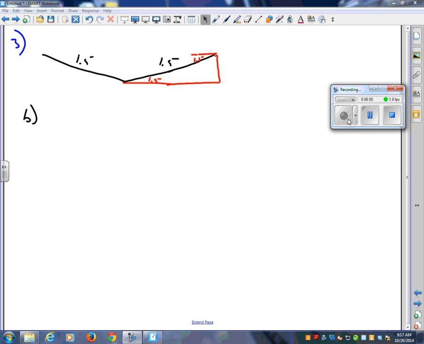Are you ready for B yet, or do you want to try? So part B, is it even asking for a force? What's it really asking? How far does the center of the line dip? So they're really just asking for, can I call it X? Call it whatever you want. They're just asking for that side there. If this angle is 1.5 and that hypotenuse is 1.5, this is opposite, so sine of 1.5 is equal to opposite, which is X, over hypotenuse 1.5.